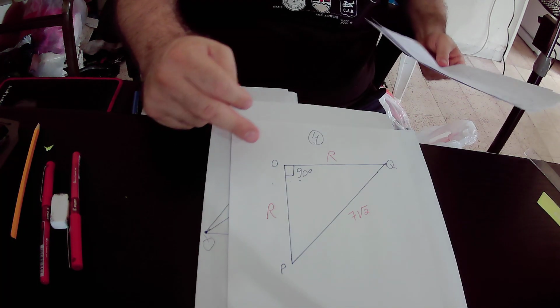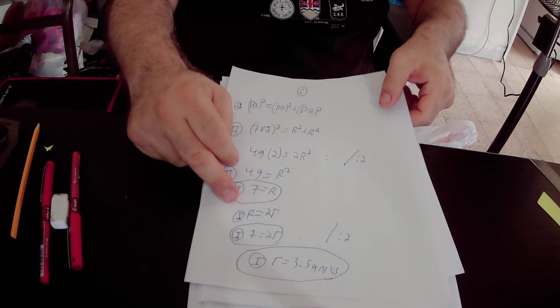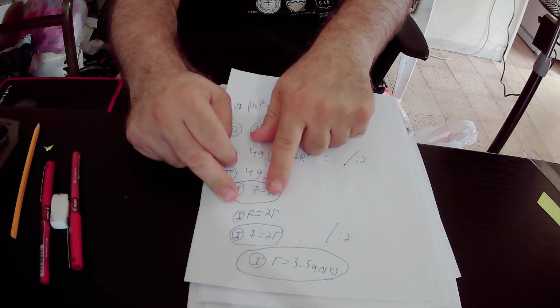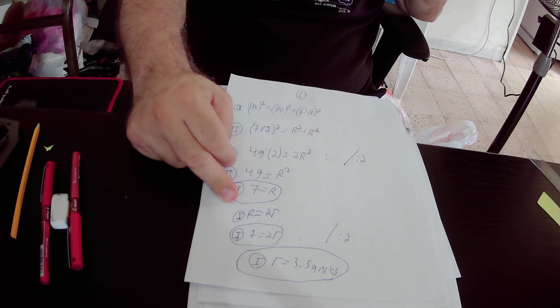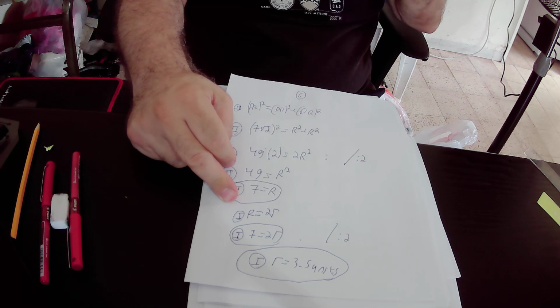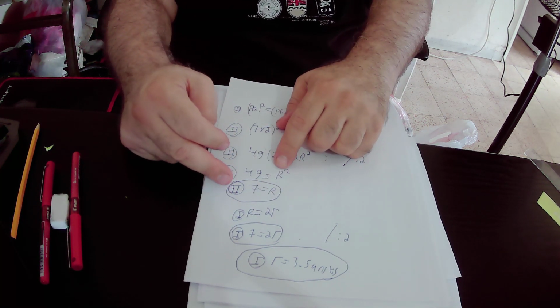So the radius of the semicircle equals 7 units, but according to equation number 1, capital R also equals 2 times small r. As I already told you, the radius of the semicircle is twice as big as the radius of the yellow circle. This is equation number 1.